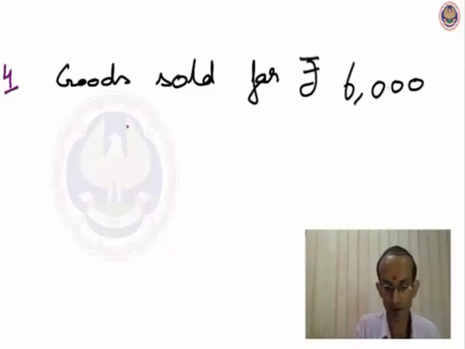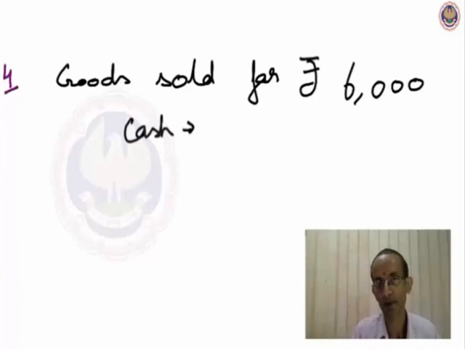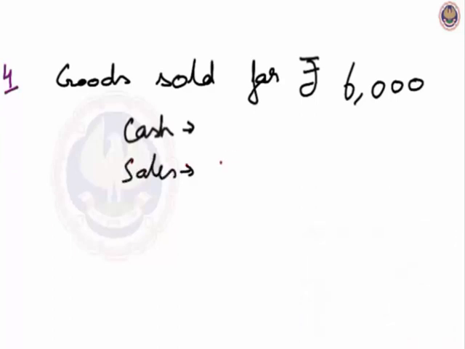So in this, two items are involved. First is cash. We will be receiving cash for the sale as the name of the party is not given. And the second is sales. Sales is nothing but revenue and cash is nothing but an asset. When we sell the goods, cash will be received. Cash is an asset.